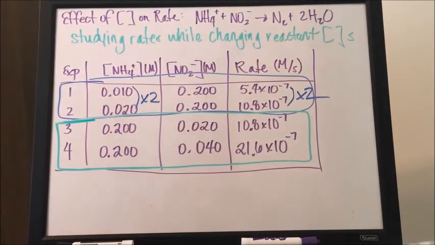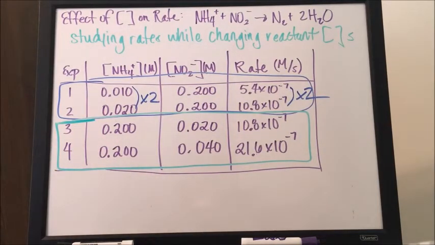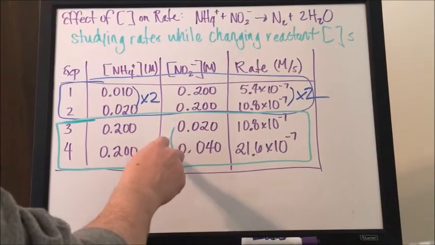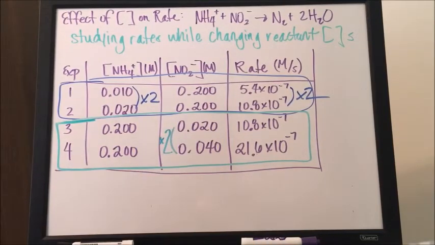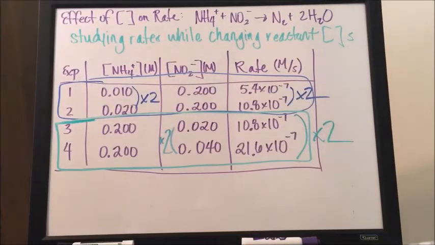If you look at 3 and 4, NH4 stays the same, so that concentration doesn't change, and therefore we're not going to see an effect on the rate in that case. But going from 3 to 4, NO2's concentration doubles. And again, conveniently, look at what happens to the rate. It also doubles. So not only does NH4's concentration have some kind of directly proportional relationship to rate, so does NO2's. And we got all of that just by looking at this chart.